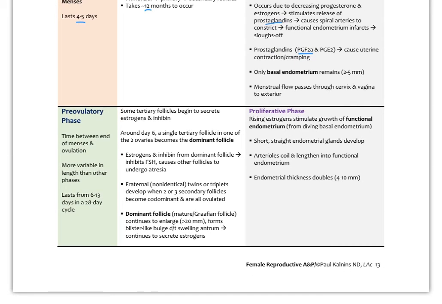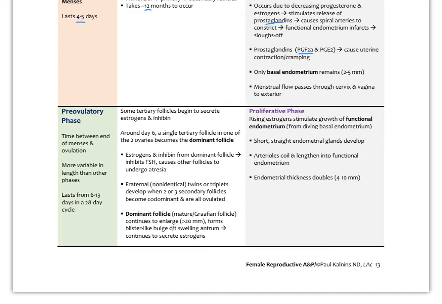Then there's the pre-ovulatory phase, the time between menses and ovulation. It's more variable in length than the other phases. In a 28-day cycle, it can vary anywhere from 6 to 13 days, so there's about a week of variation. Some tertiary follicles begin to secrete estrogens and inhibin, and the inhibin is going to inhibit other follicles.